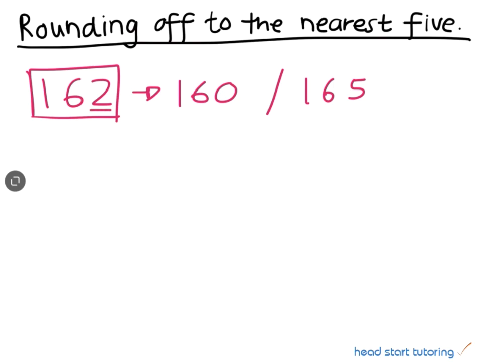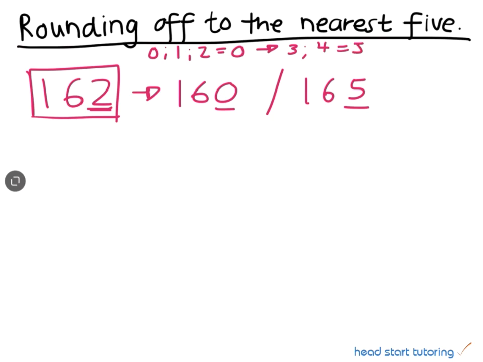Well, we look at our unit and we say that 2, is that 2 closest to 0 or is it closest to 5? If this unit is 0, 1, or 2, then that number will be closest to 0. But if that unit is 3 or 4, it will be closest to 5.